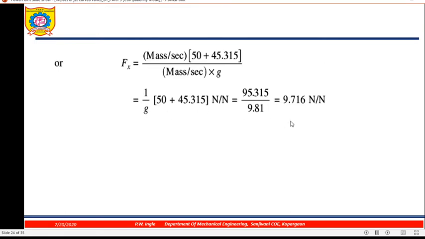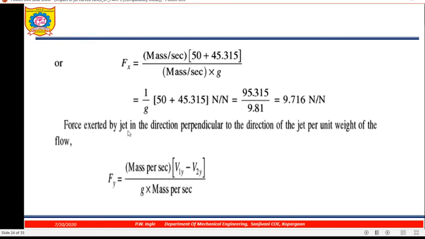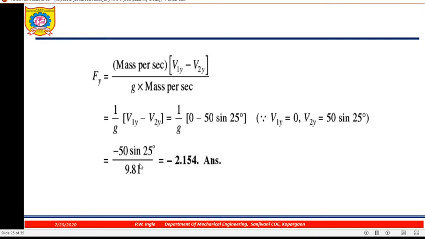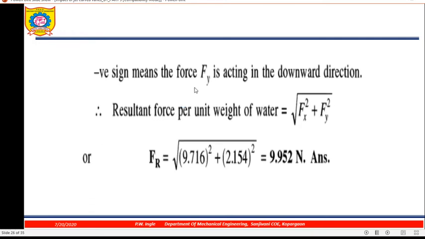Very simple. Then force exerted by the jet in the direction perpendicular to the jet per unit weight of flow is again mass per second (V1y minus V2y) upon g into mass per second. So we are getting the value as minus 2.154. The negative sign indicates it is acting in the downward direction.